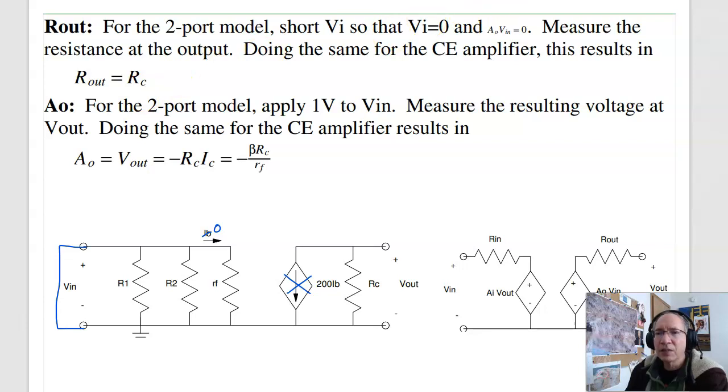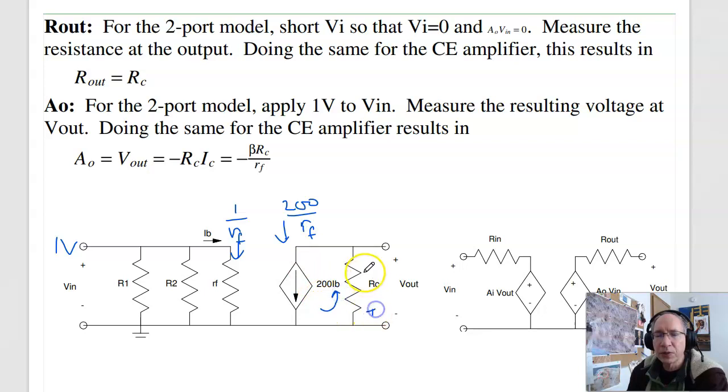To find the output gain, what I'll do is apply 1 volt at the input. Then this current is 1 volt over RF. This current is 200 over RF, 200 times bigger. And then the current, this is the direction of current.